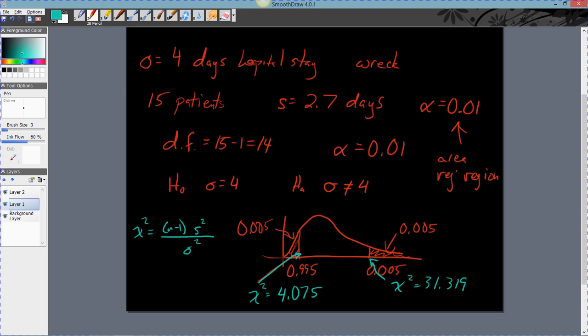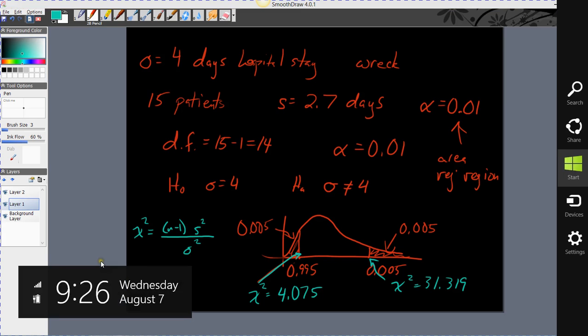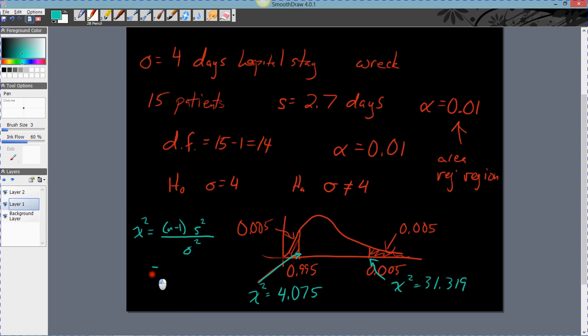So our n minus 1 is 14. For s squared, they gave us standard deviation. If they'd given us variance, we wouldn't actually have to square it because the variance is already squared. Over 4 squared. This is what? 14 times 2.7 squared divided by 4 squared is 6.37.